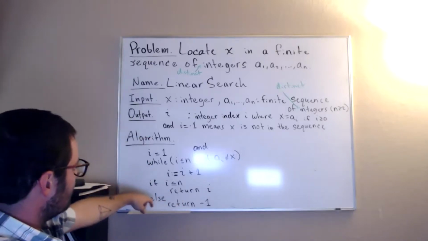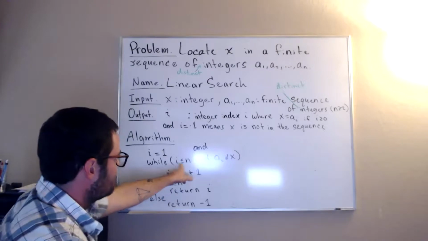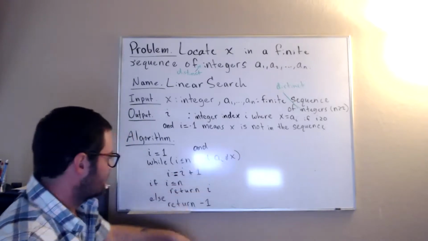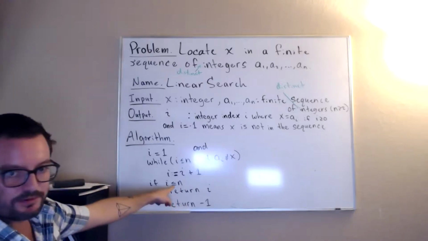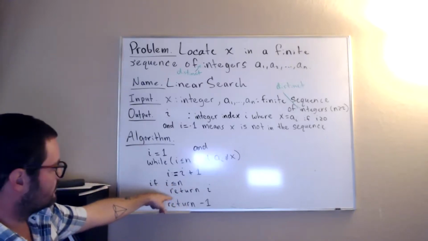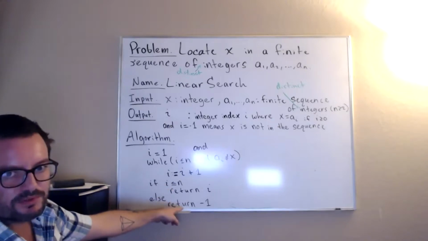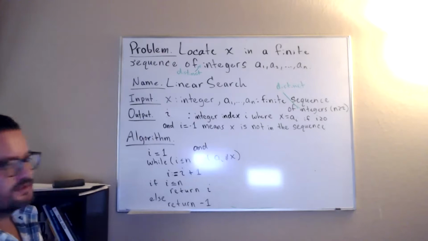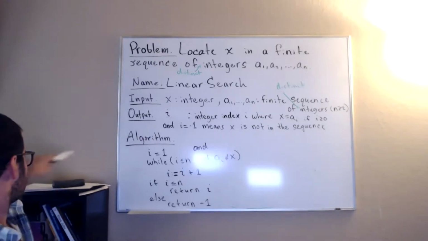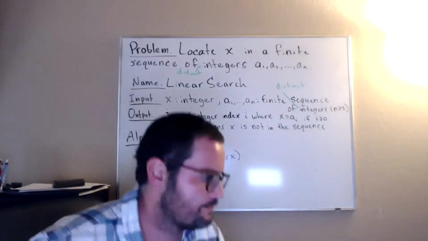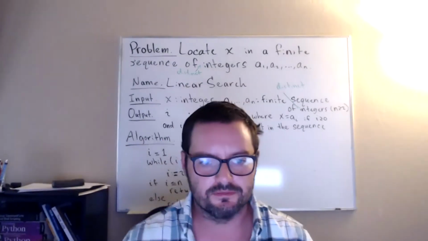So if I was equal to n plus 1, we never found it in our list. So that's the else part of this if statement, and then we return -1 to mean that it's not in the sequence. Okay, so this is called linear search. So let's go ahead and program this.